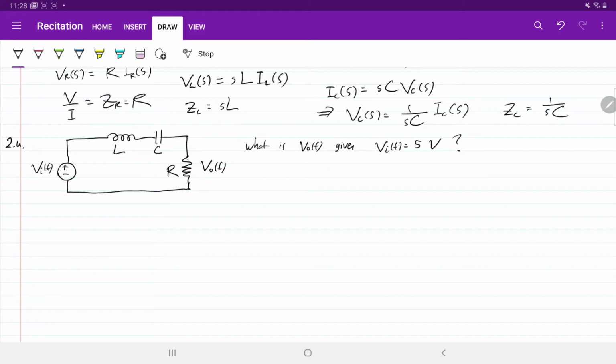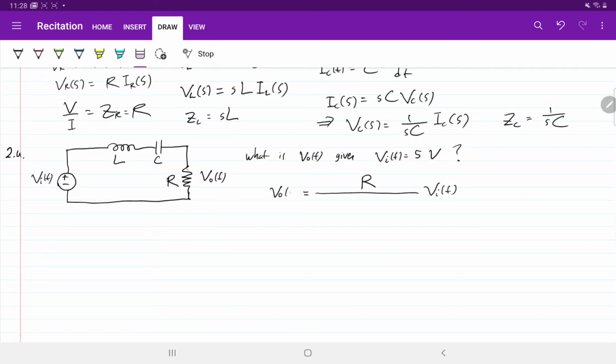Now we know that V0 of t is something times the input voltage. So what is this something? This something is the impedance R, right? We have R.